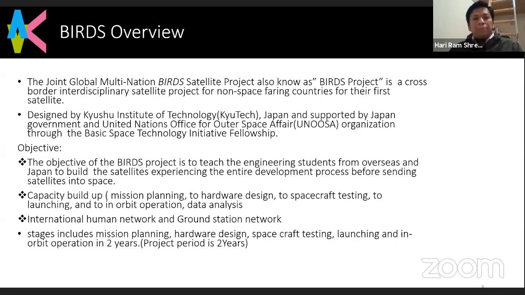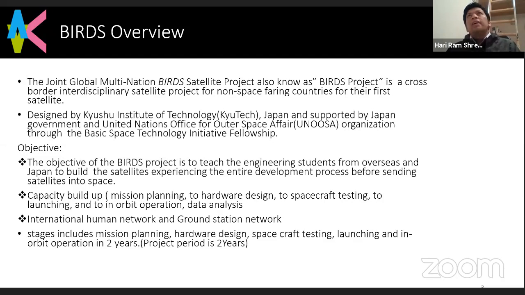So we can build up capacity and transfer our knowledge to the new generation when we go back to Nepal. In BIRDS-3, we did everything from mission planning to data analysis. In BIRDS-4 also, we are doing planning, hardware design, spacecraft testing, launching, everything.